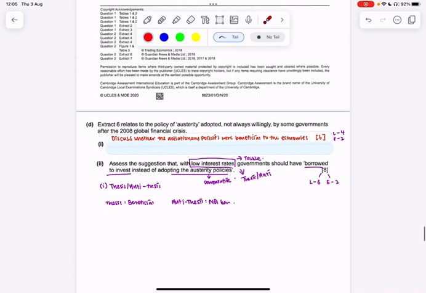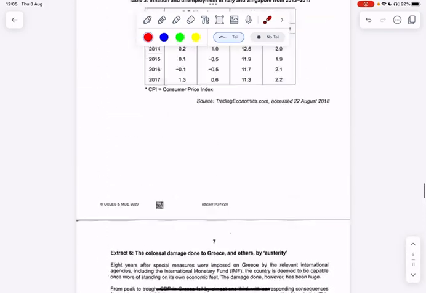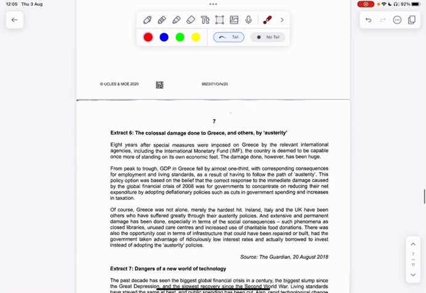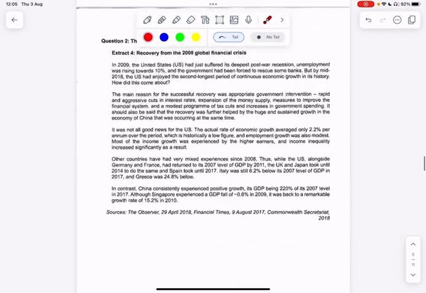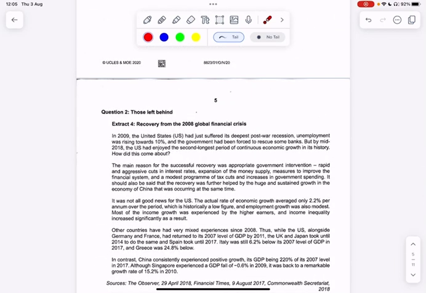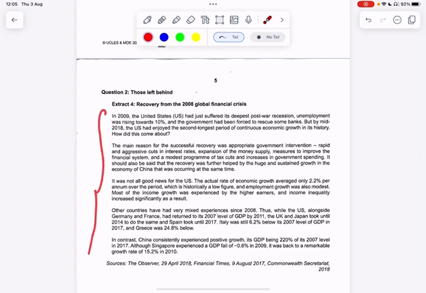So I want to discuss whether or not the deflationary policies were beneficial to the economies impacted. So let's look through the extracts. If you've read the extracts, a lot of this just tells you how the different countries recovered after the financial crisis.